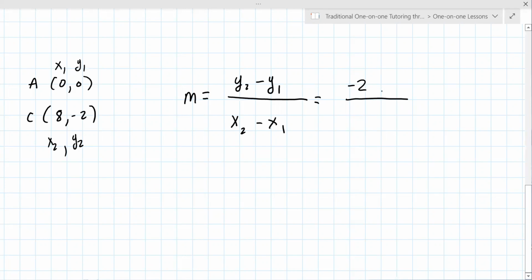Y1 is 0. How about x2? X2 is 8, and x1 is 0. Okay, so I want you to simplify this, please.